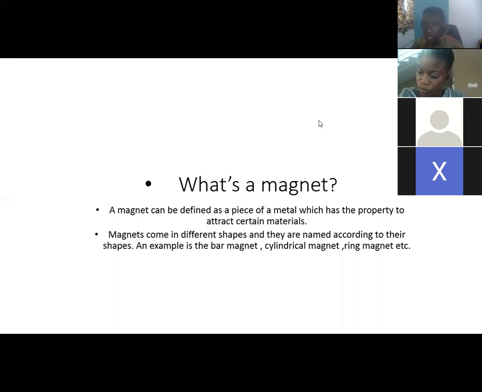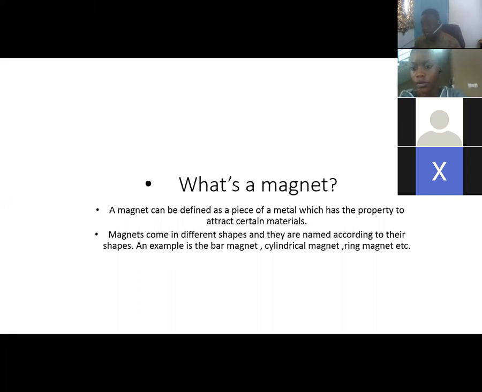Okay, to start with, the first slide is: what is a magnet? You all know that a magnet has poles, and a magnet is a substance that attracts and repels.